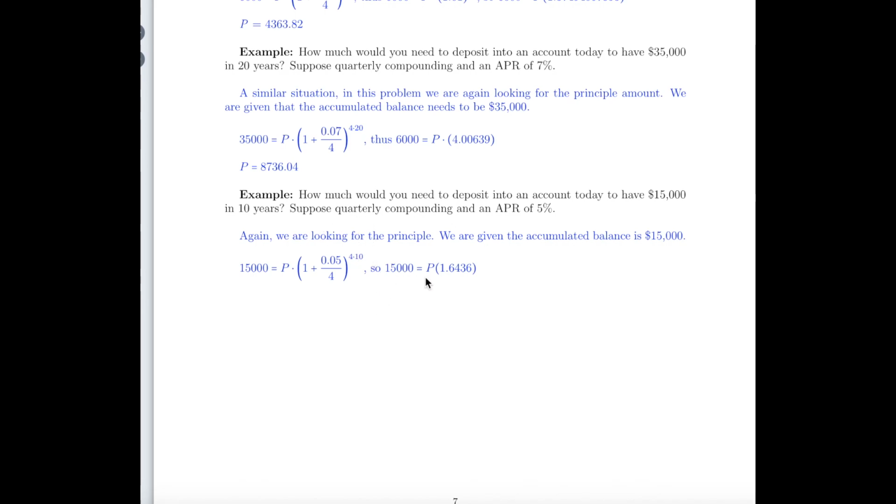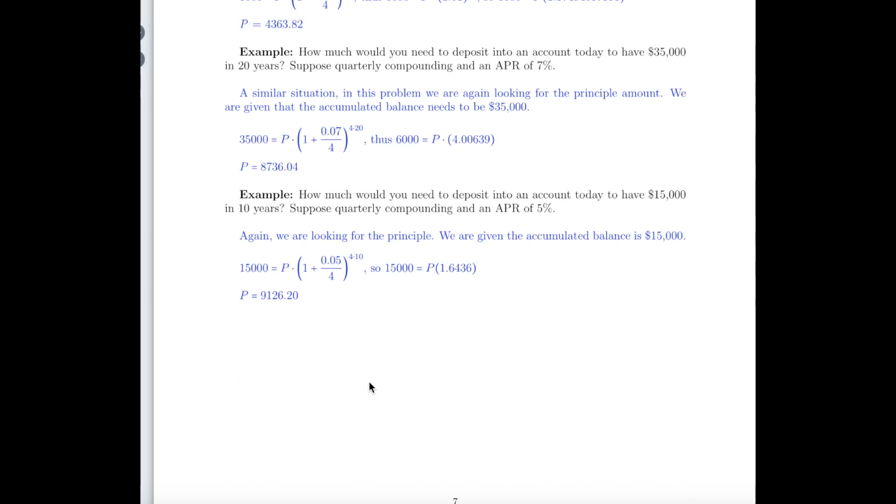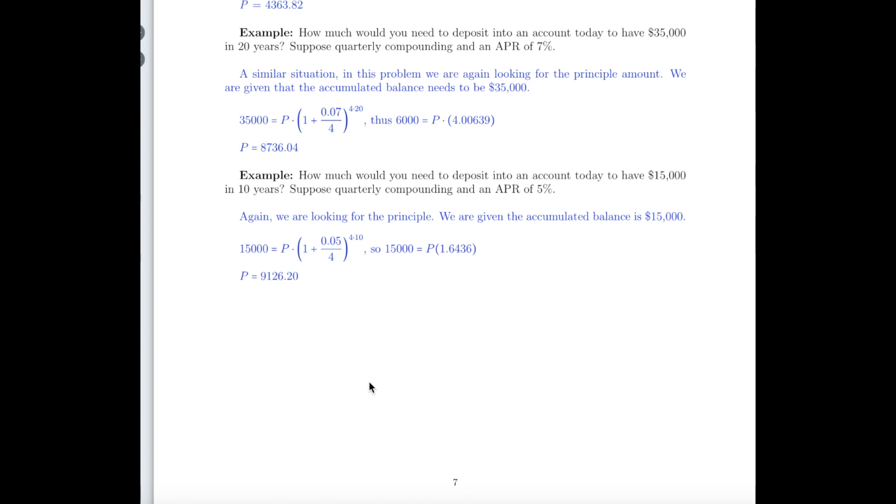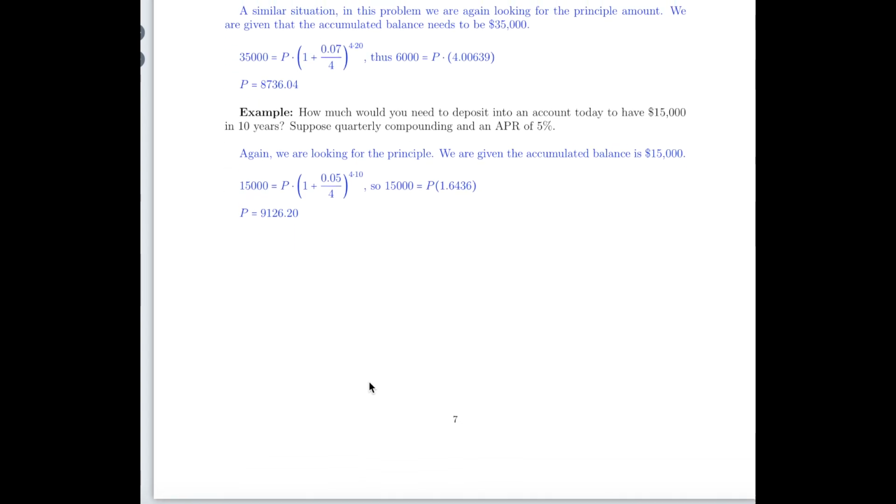That means 15,000 equals P times, when you plug this in your calculator, you get this number. You divide that guy right on over. And now you have P equals $9,126.20.